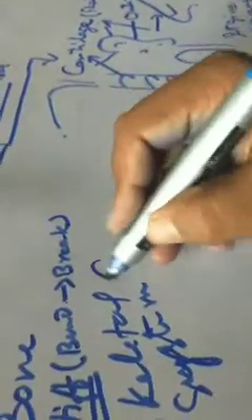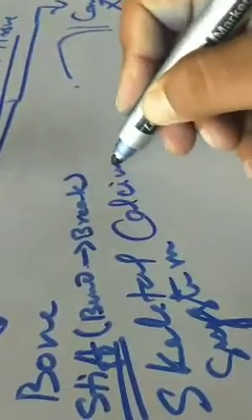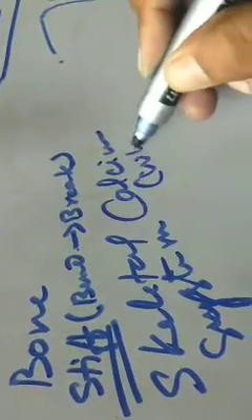Then bone is generally made up of calcium. That's why it is white in color. Do you remember white in color? You know that our body or skeleton is made up of 206 bones, right? It is made up of calcium salts, various salts like calcium phosphate, calcium carbonate, magnesium phosphate and calcium fluoride.